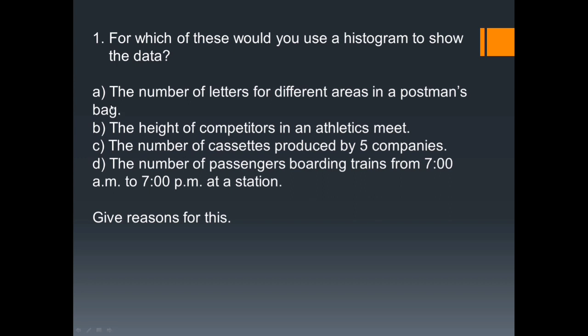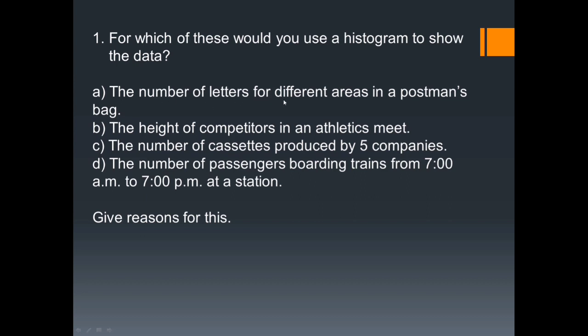Here we have different kinds of data, A, B, C and D. In these different cases, in order to draw a histogram, we need to have clear grouped data which is able to be categorized in different class intervals.